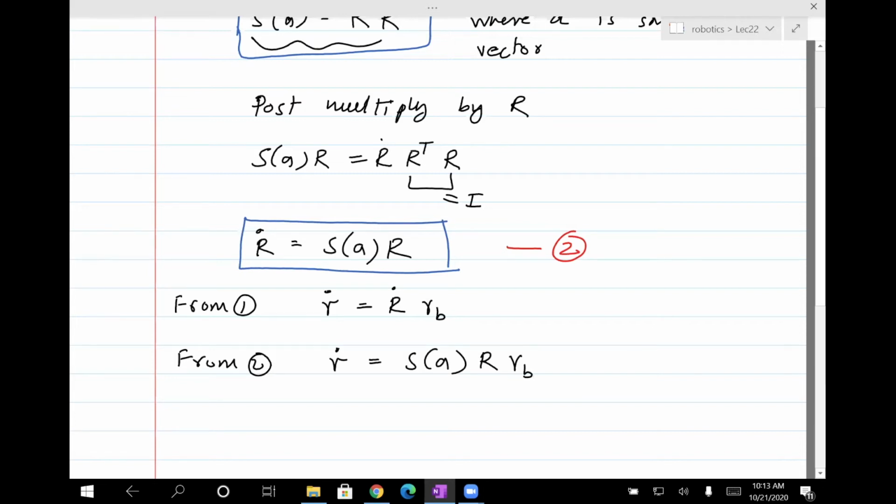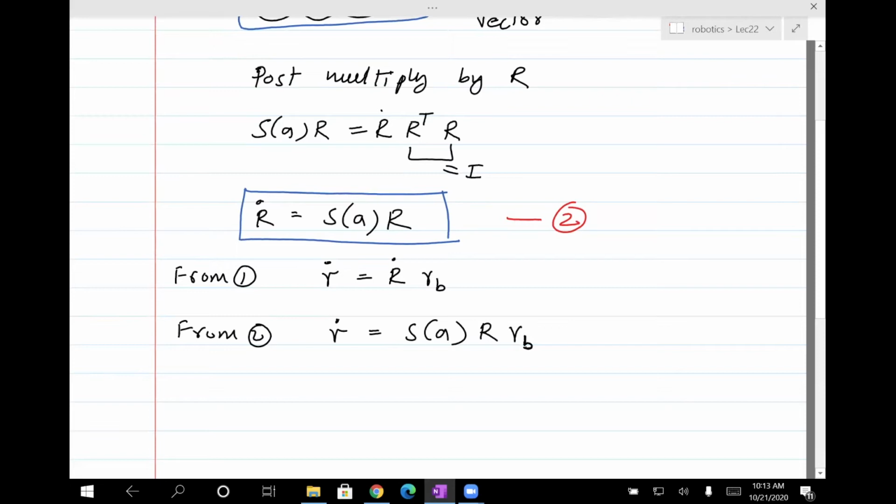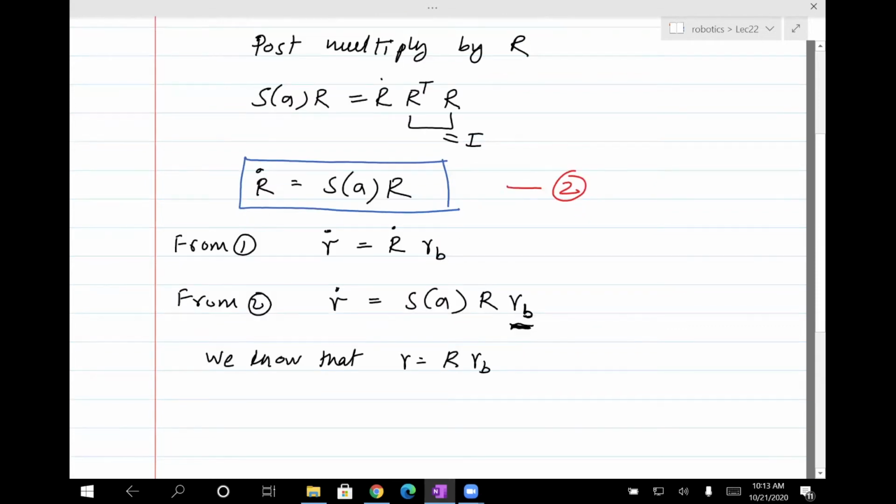Now, I don't want to keep it in terms of RB, so I'm going to try to get rid of that. We know that r equals R times RB. That's how we came to the derivation of r dot. So we can write RB equals R inverse times r, just pre-multiplying by R inverse.